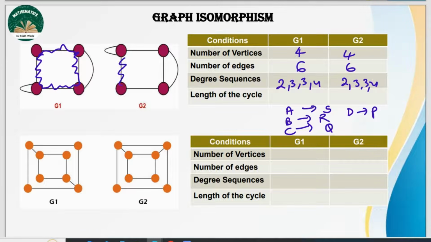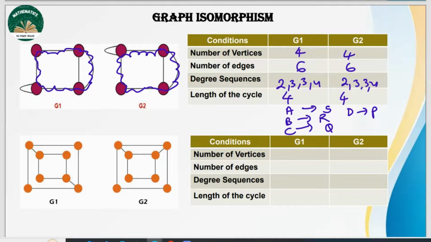Even if I take this, 1, 2, 3, 4. So it can be 4 and 4. If I take the other cycle, it is 1, 2, 3, 4. If I take here also, it is 1, 2, 3 and 4. So here the length is also 4. Therefore, it is isomorphic.